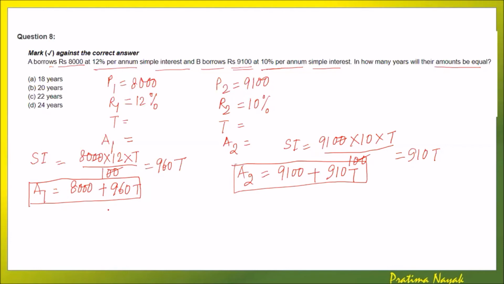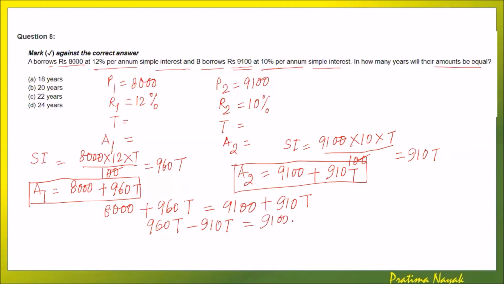According to the question, these two amounts are equal. So make them equal: 8,000 plus 960T is equal to 9100 plus 910T. Now I'll keep T on the left side, as we do for X, and the numbers on the right side.